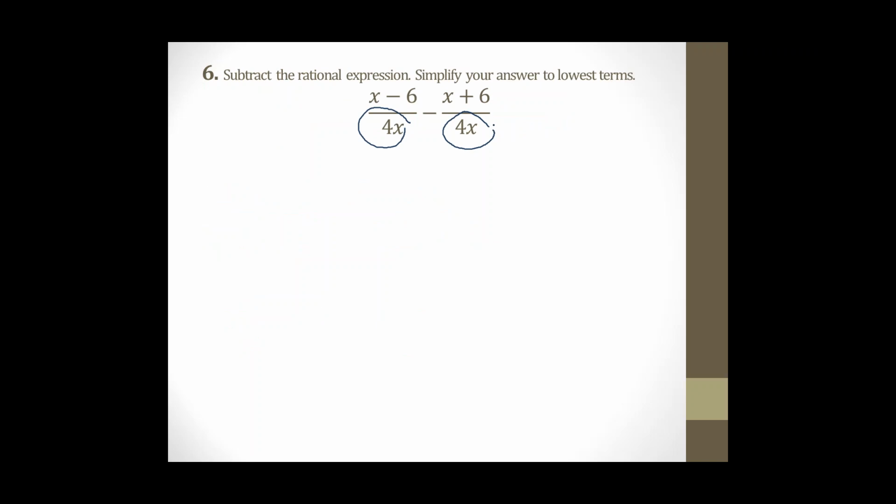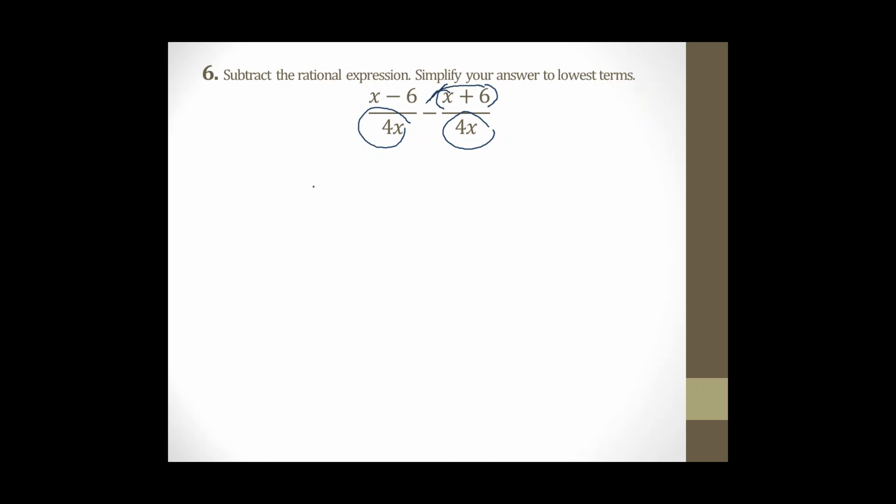So we have common denominators, we just keep that denominator and combine the top. Now this is a subtraction, so be very careful, because you want to subtract this entire expression.